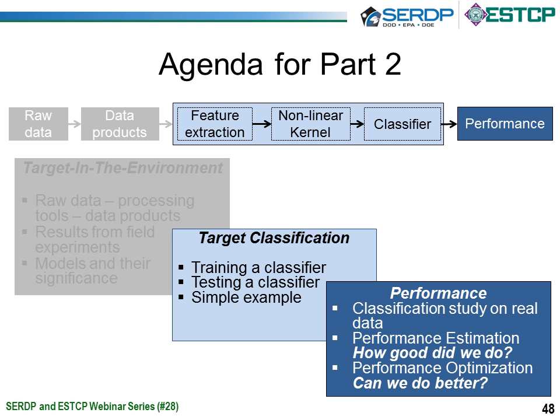So my goal in this first part is to show you a simple example so you can get a general picture of what happens in each of these processes: the feature extraction, the nonlinear kernel, and then training a classifier. Then we'll actually go out and show you results for the classification study on real data.